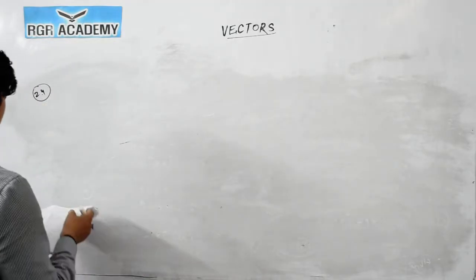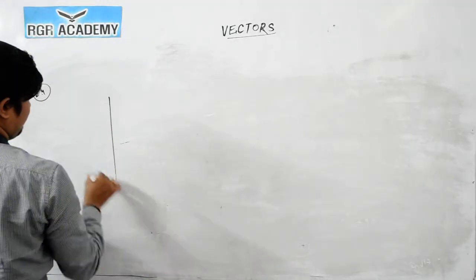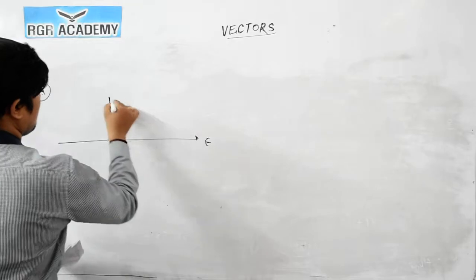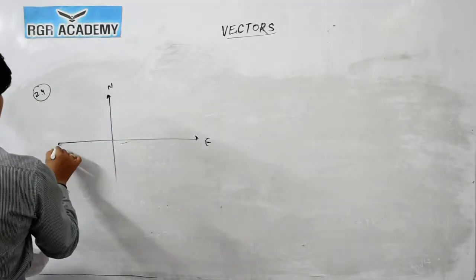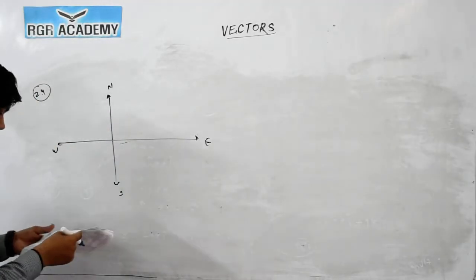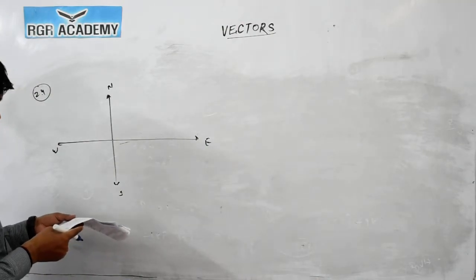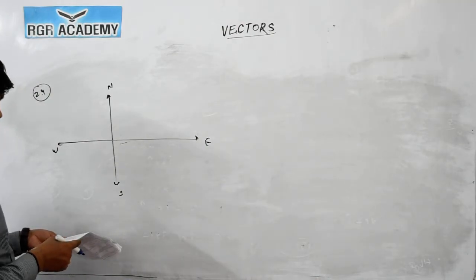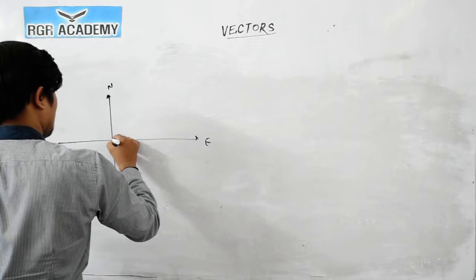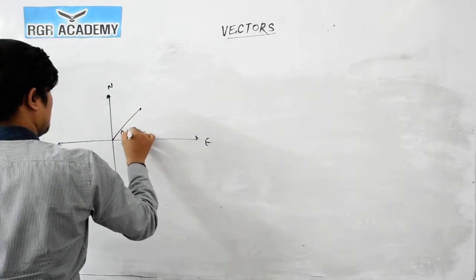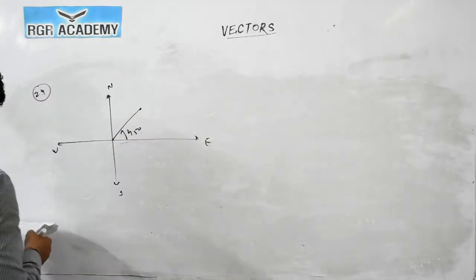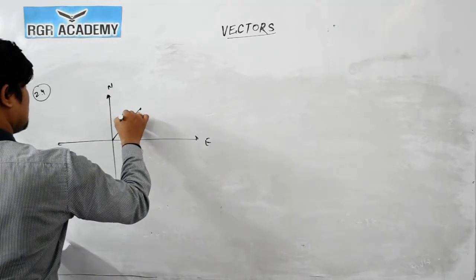Consider this is east, north, west, and this one is south. The car travels at an angle of 45 degree to the east, and the distance is 6 kilometer.